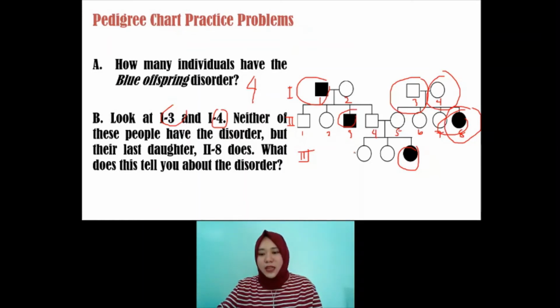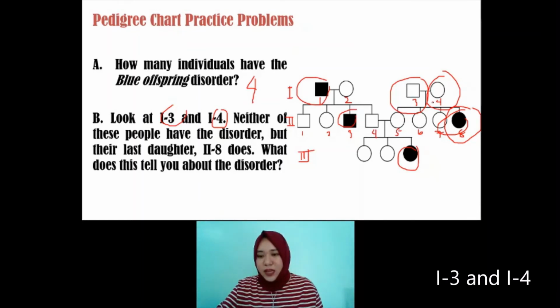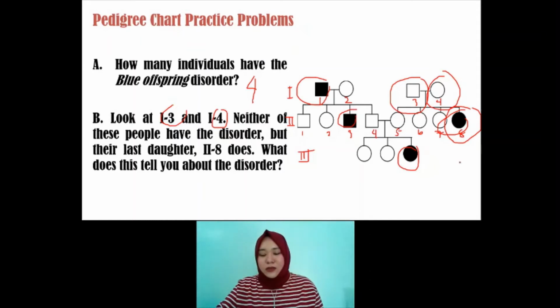So what does this tell you? So let's go back to the question. Why is it that 2, 3 and 2, 4, who do not have the blue offspring disorder, have a child who has it? Okay? So, this must mean, class, that these two parents are actually heterozygous with a particular trait.